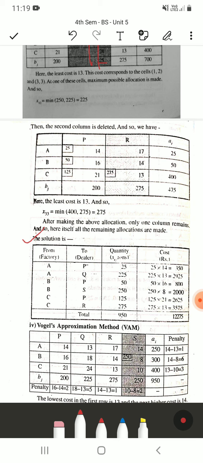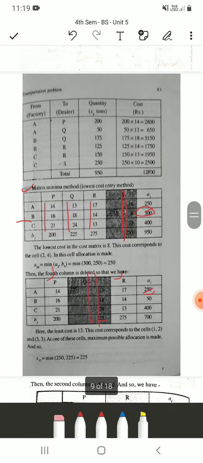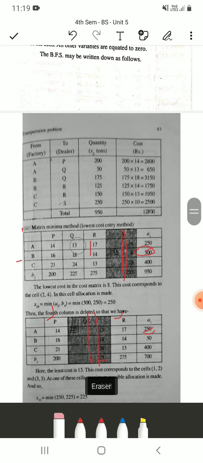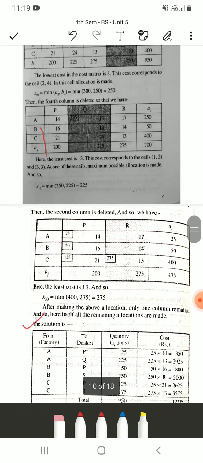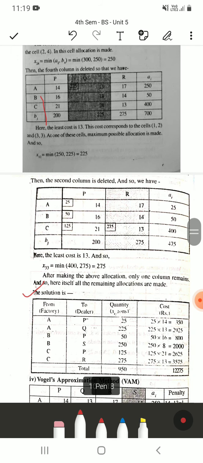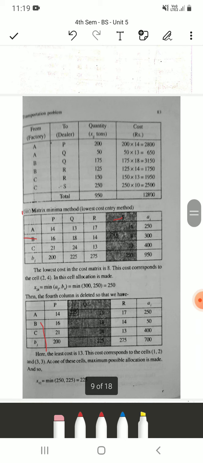You can write the solution in terms of a table as I said for whichever value. So check in the first table, here you are making allocation for the cell B to S. So B to S you are selling 250 tons, so it is 250 into 14 because that is the cost price.